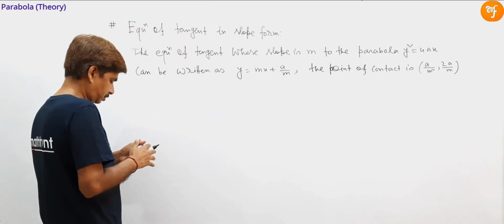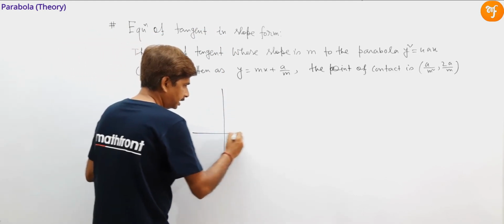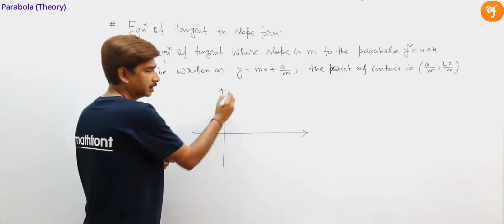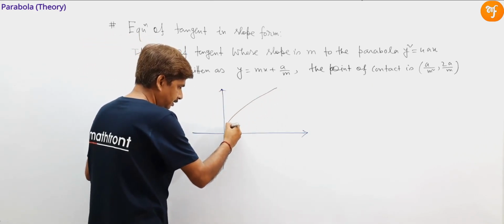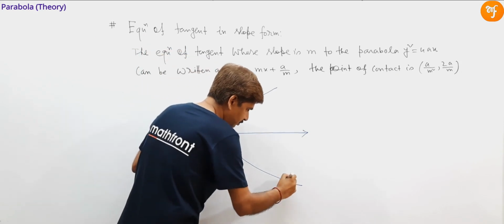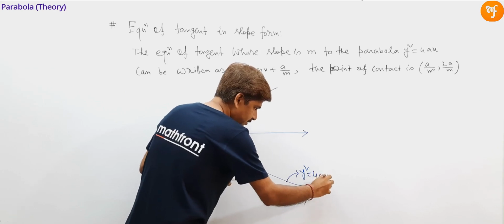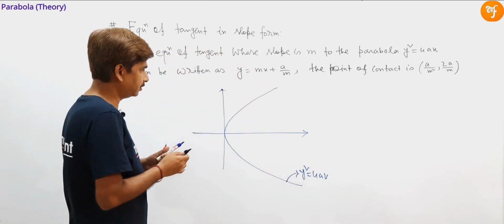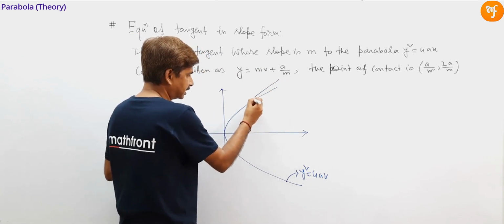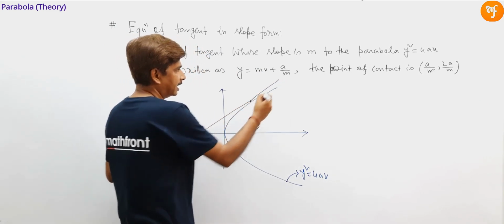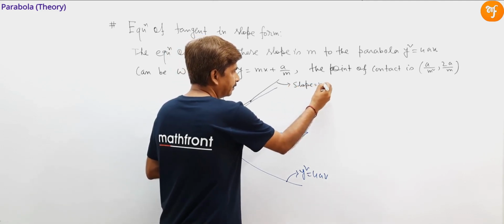So look, just let me clear through the diagram this. This is the parabola whose equation is given as y square is equal to 4ax. Okay. So if we draw a tangent on it, suppose this is the tangent and its slope is given as m.